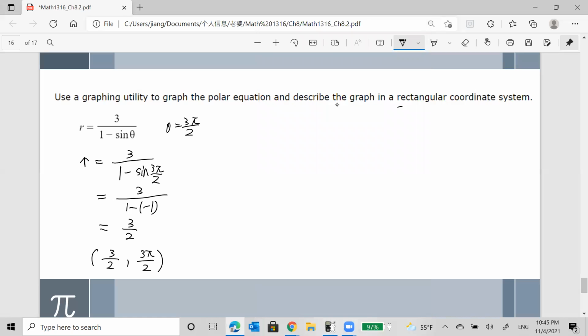So in the rectangular coordinate system, I can write some details here.